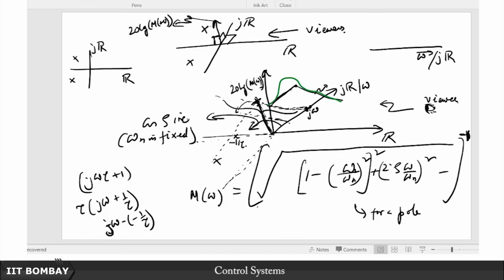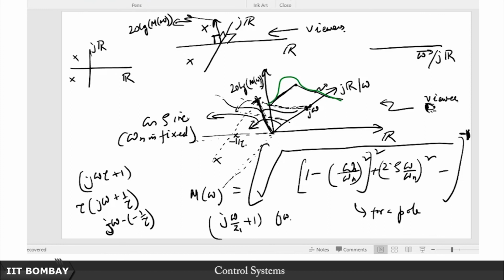By the same token, if you now have a second order factor, if you allow for complex factorizations, it is going to be nothing but j omega by z1 plus 1 times j omega by z1 conjugate plus 1, but z1 is a complex number. So you can call this z1 conjugate and you can call this z1.